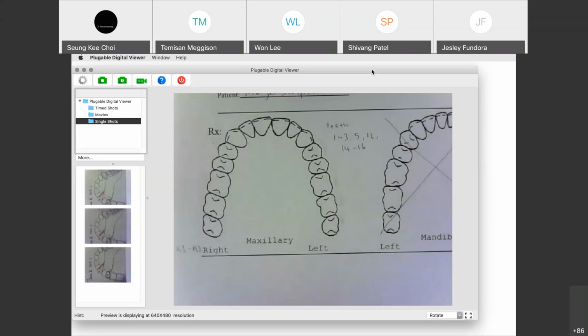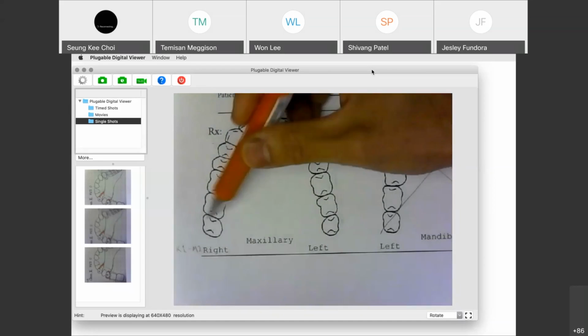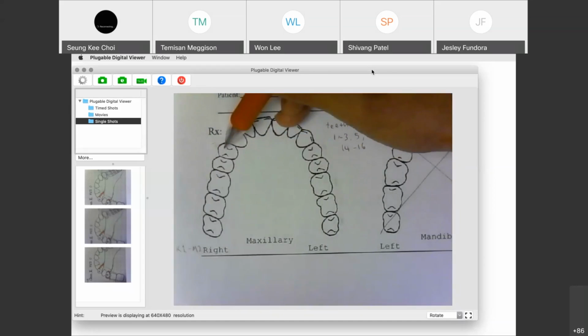Also, by doing that, I'm setting up my whole drawing correctly. Because if my rests are in the wrong place, that means I picked the edentulous area incorrectly. Does that make sense? So I told you we're missing teeth 1 through 3 and 5. So we've got a tooth on 4, okay?